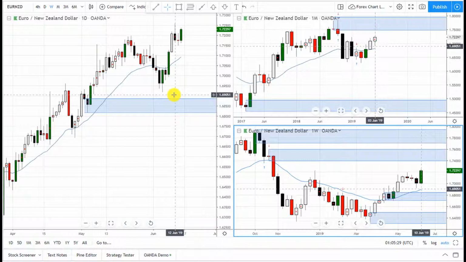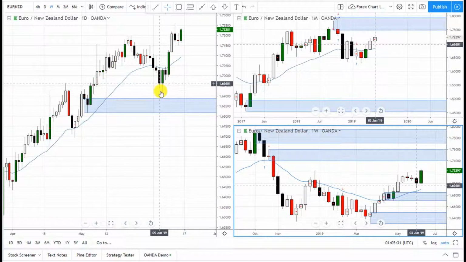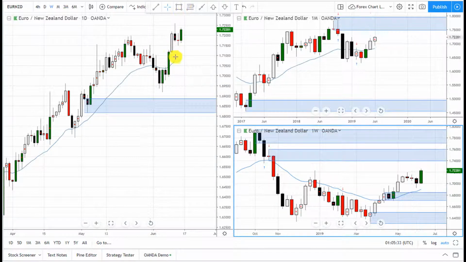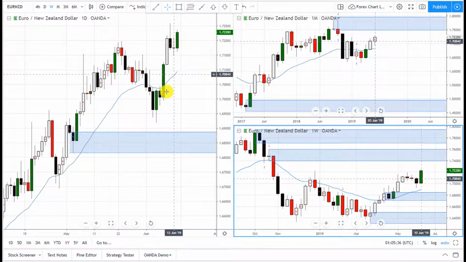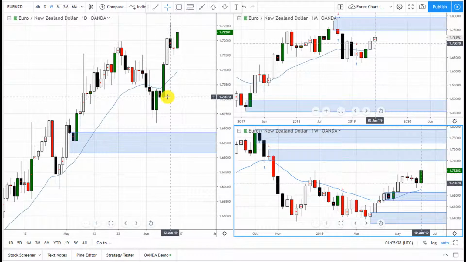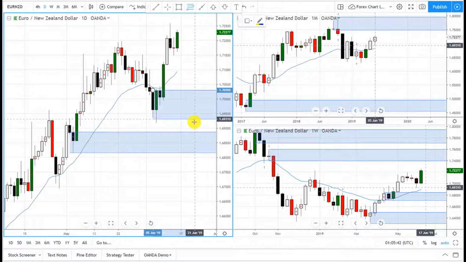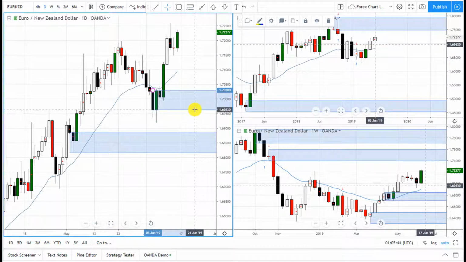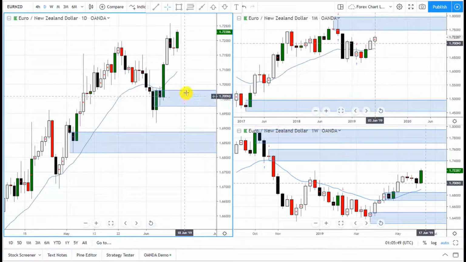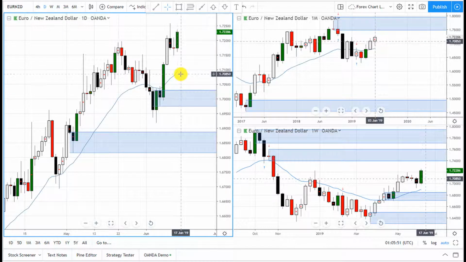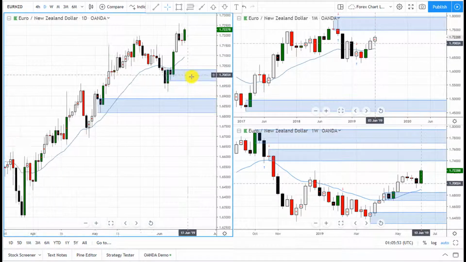Even if you took this whole level, price fell short of it and it rallied. But then the good thing is it created a new demand zone right here, so we can draw that. It's pretty wide. You can draw like this or you can draw just using this candle. So if price retraces to here, we're very interested in going long.